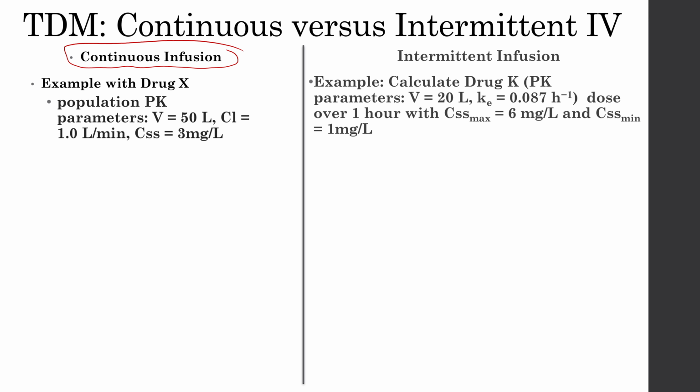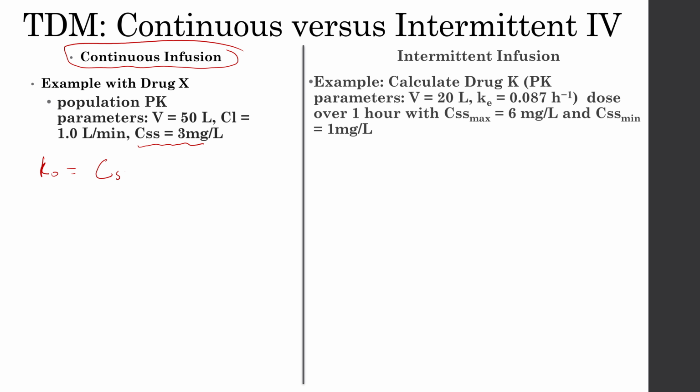And so we need to use continuous infusion. We have a target concentration at steady state, 3 milligrams per liter. And so with a continuous infusion, do you need to determine tau? You sure don't, because it's continuous, right? So that is why it's not in there. So continuous infusions are pretty straightforward. We can see here we'll figure out the infusion rate is K naught.